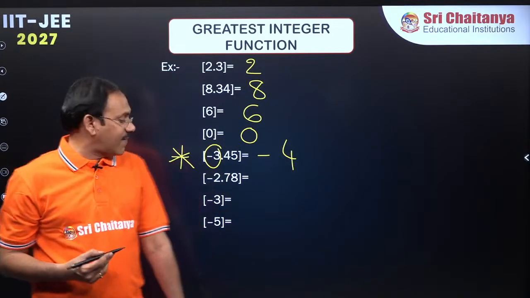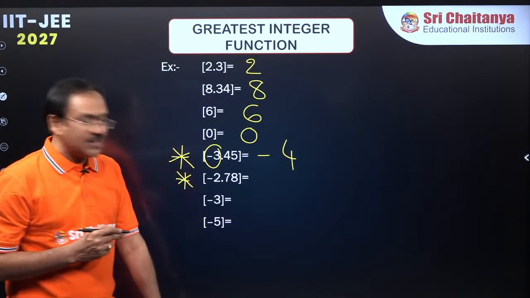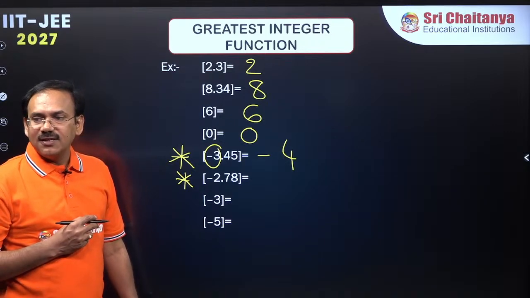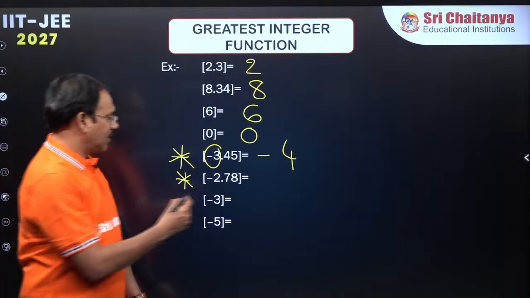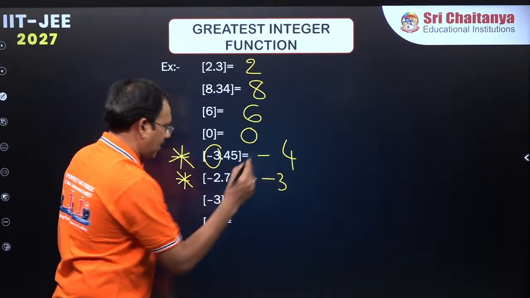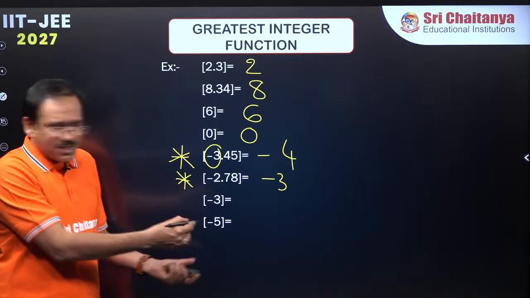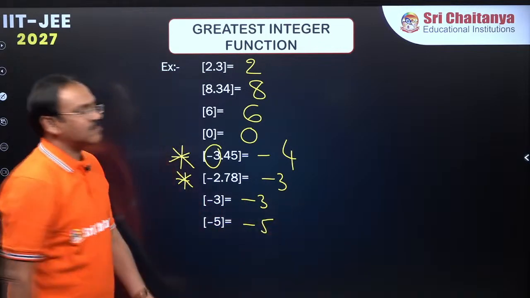Step of minus 2.78, it is minus 3. And step of minus 3, it is not minus 4, it is an integer, even though it is negative, it stays as it is. Step of minus 5 is minus 5.